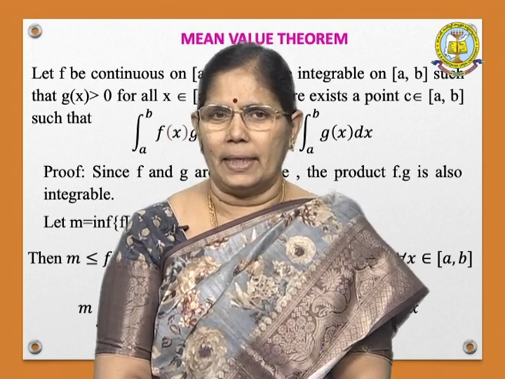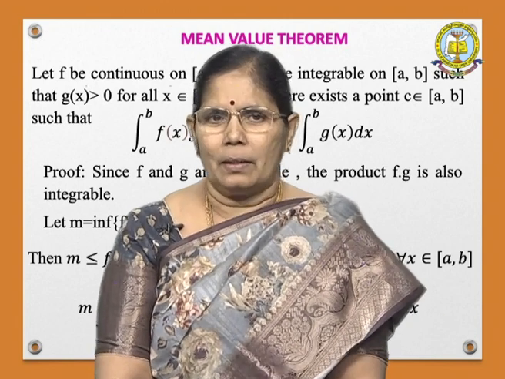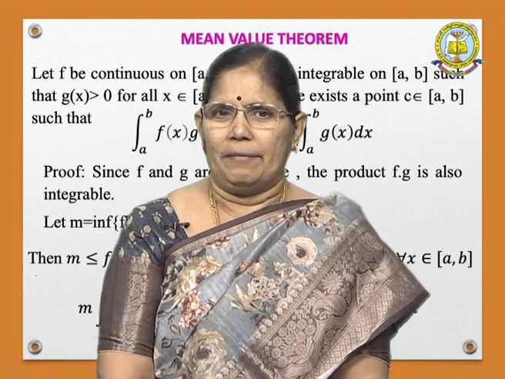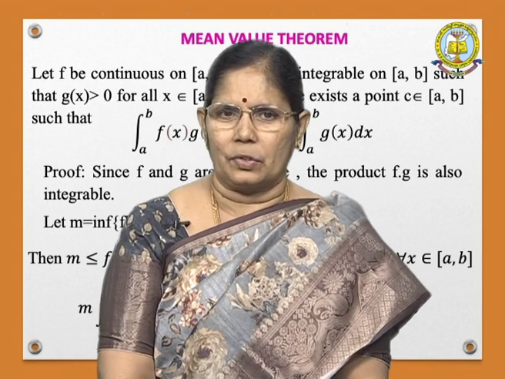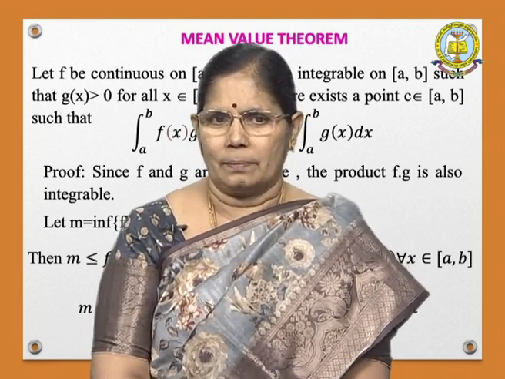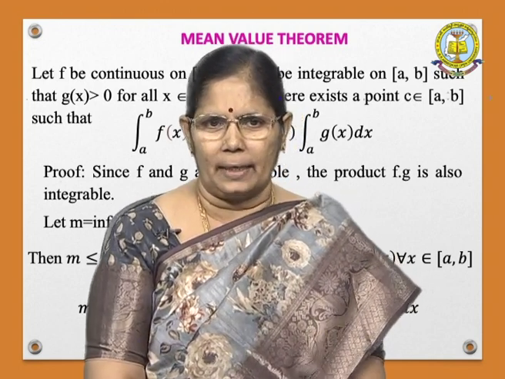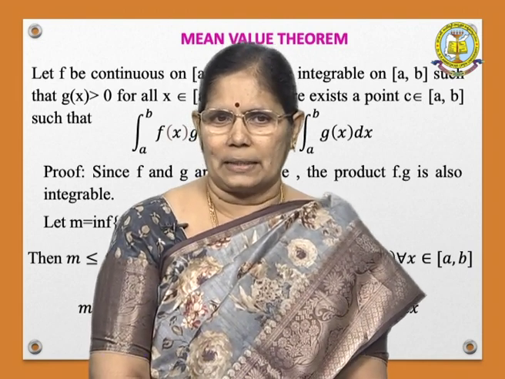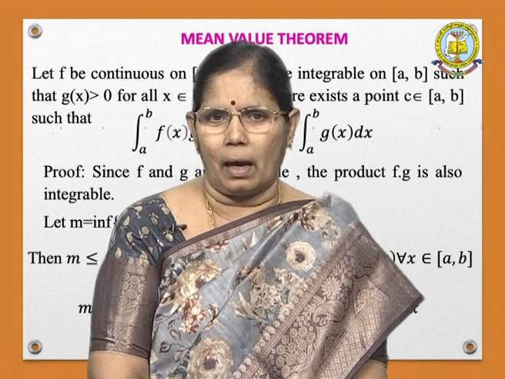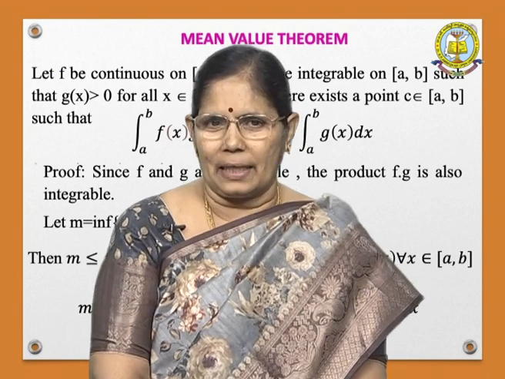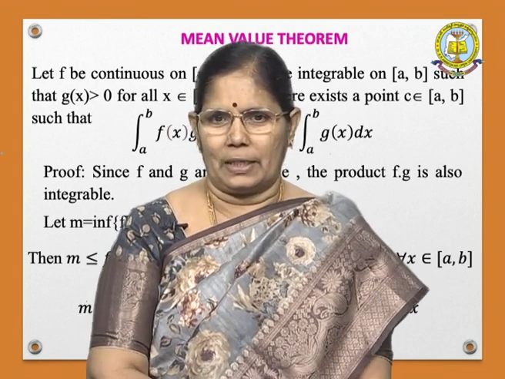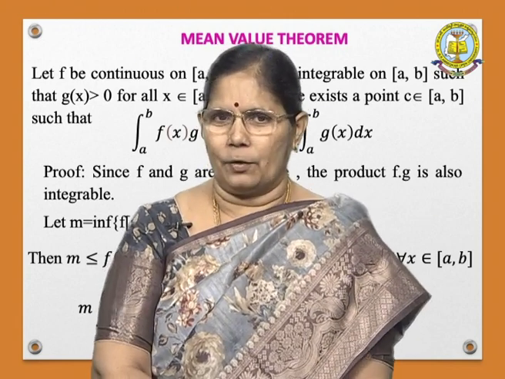A function f is said to be integrable over a b if there exists a number I, and for each epsilon greater than 0 there exists a delta greater than 0, such that for every partition P: x0, x1, x2, ..., xn of norm P less than or equal to delta, and xi r belonging to [x r minus 1, x r], if the modulus of sigma r equals 1 to n of f of xi r delta r, where delta r is x r minus x r minus 1, minus I is less than epsilon, then we say that f is Riemann integrable, and the number I is called the integral of the function f over the interval a b, and we write I is equal to integral a to b f of x dx.